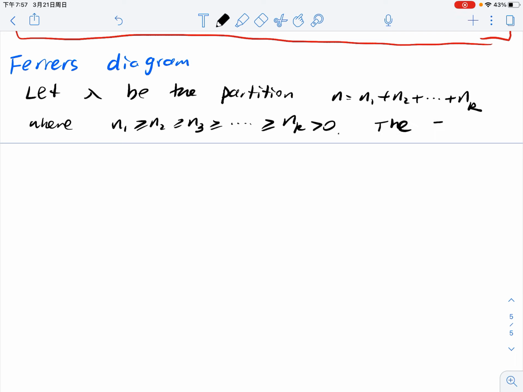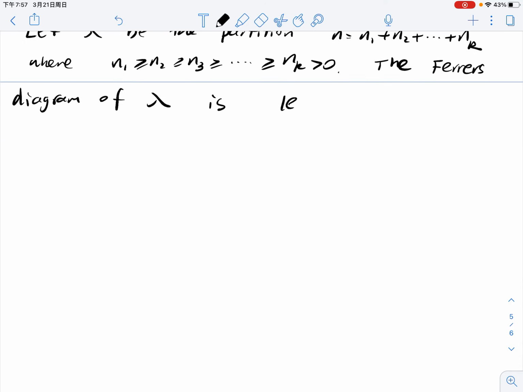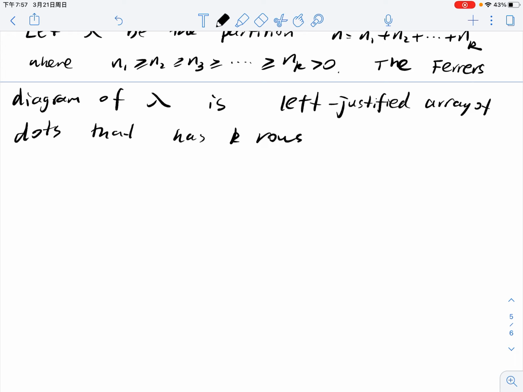Then the Ferrers diagram of lambda is a left-justified array of dots that has k rows with n_i dots in the ith row.